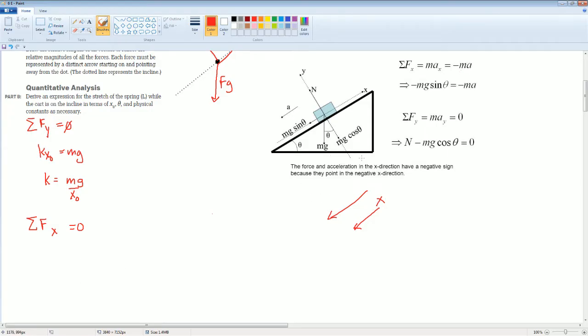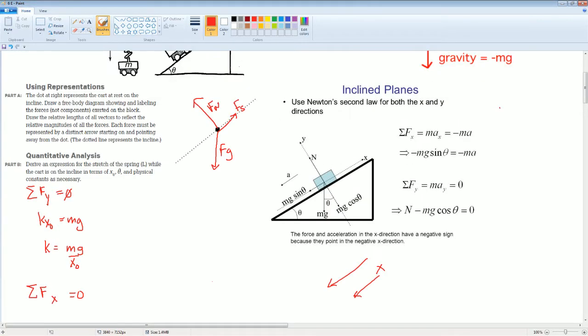Your two forces here, in this case, it was mg sine theta, but you have one more force. In this case, it was the force of the spring. So you want to bring it here, and it should look something like that.